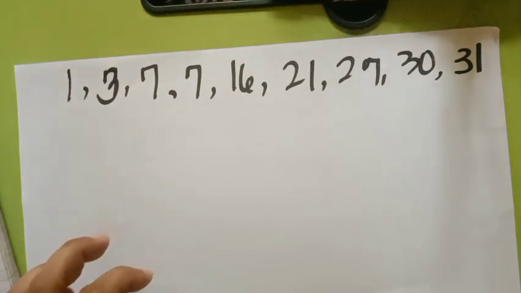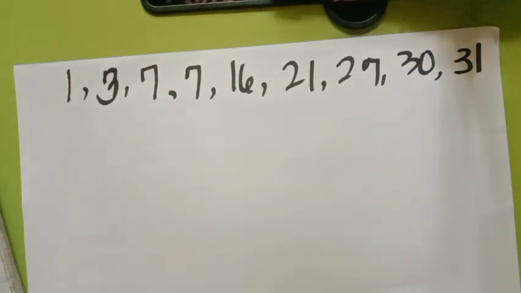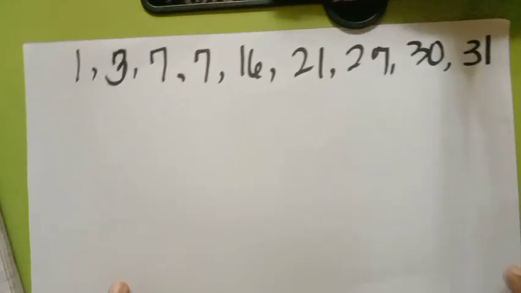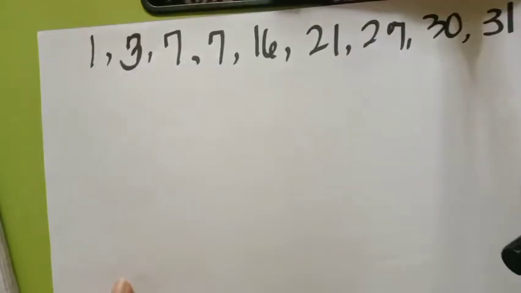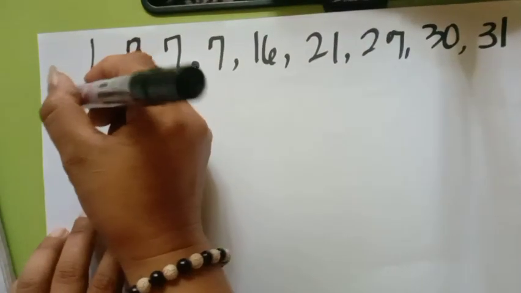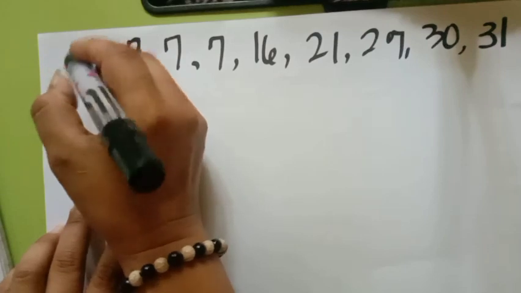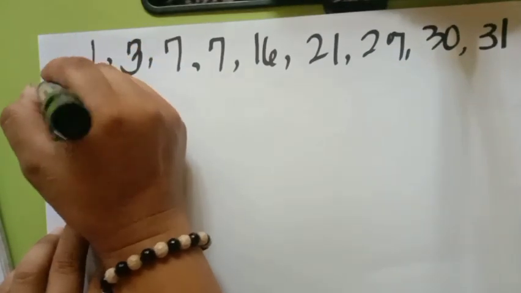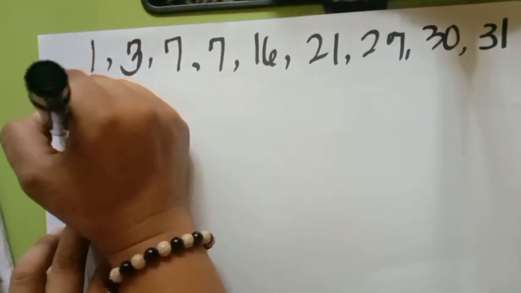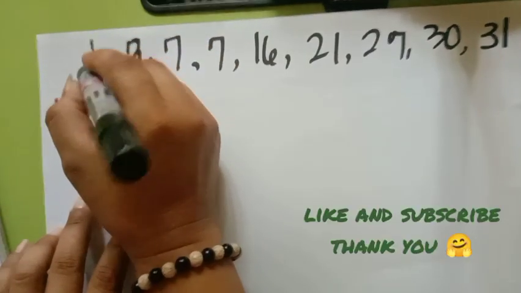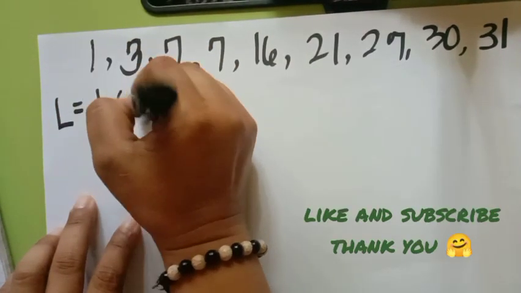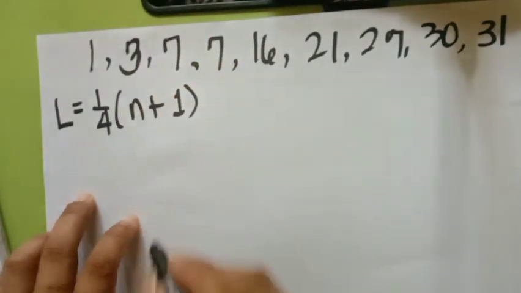determine the position of your data. In determining the position, natatandaan ninyo yung formula natin sa Mendenhall and Sincich. So, yun din ang gagamitin natin. So, unahin muna natin ang first quartile or Q1. Yung L natin is 1/4 times N plus 1.